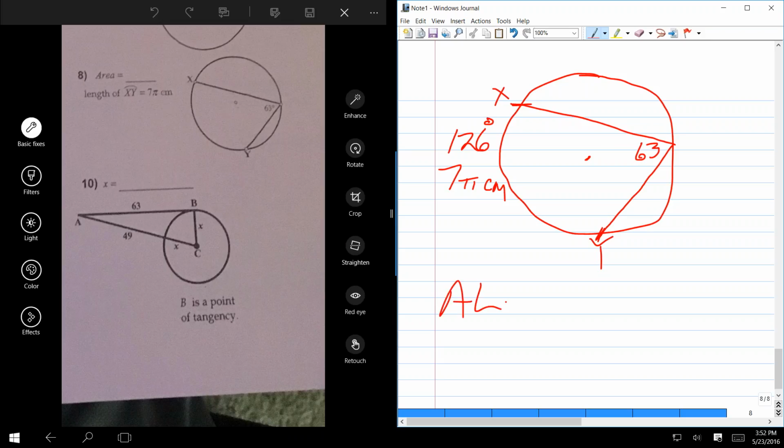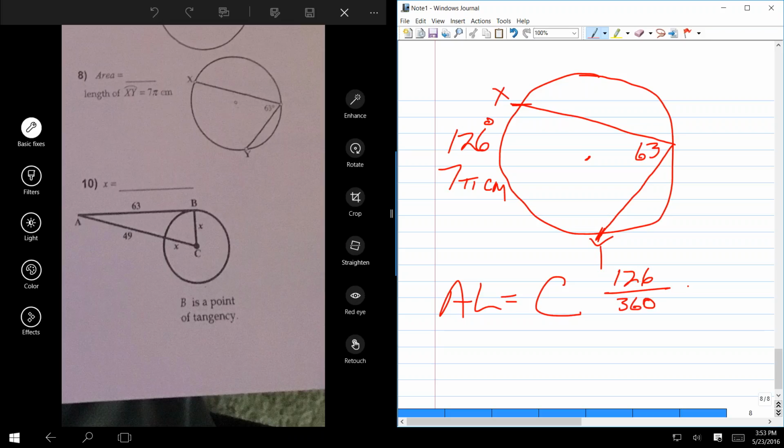Arc length equals the circumference times what in this problem? 126 divided by 360.